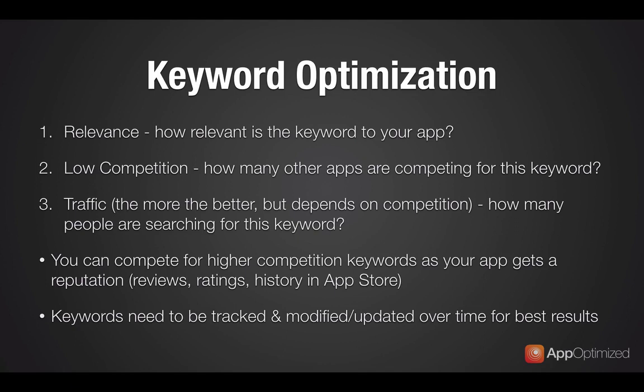That brings me to this next point, which is that keywords need to be tracked and modified or updated over time for the best results. A lot of people just enter their initial keywords, leave their app just like that, and hope and pray for the best. But the ones that are truly savvy in the App Store will track their keywords and see how they rank for each of them.